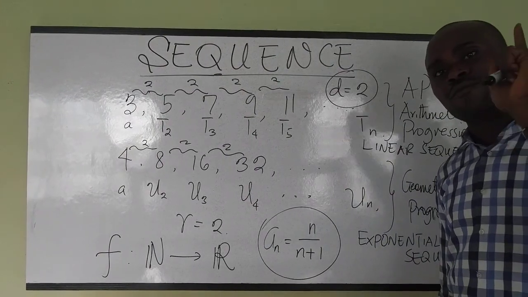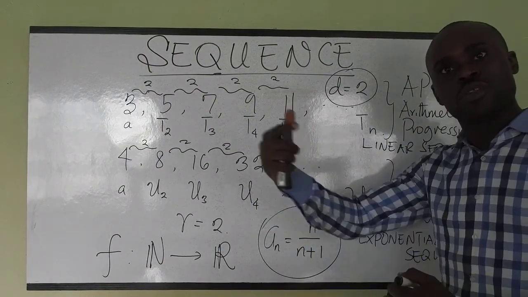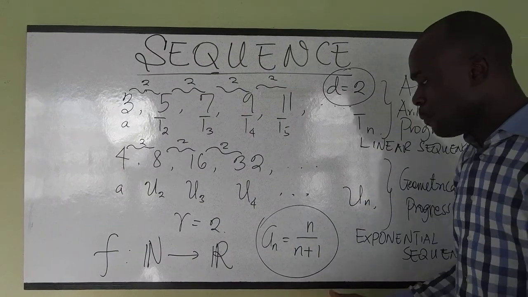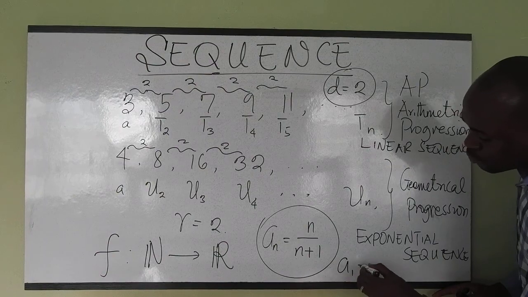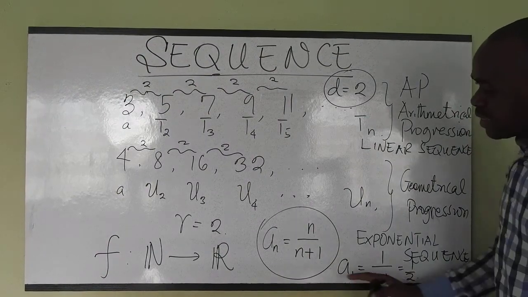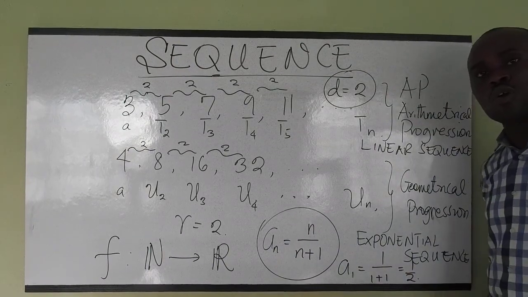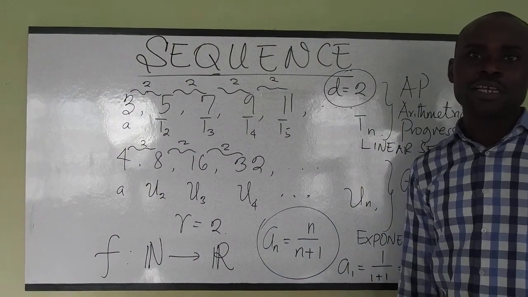Whenever I put in a natural number, which is a counting number like 1, 2, 3, 4, 5, 6, if you put in 1 here, you are going to have 1 over 1 plus 1, which is 1 over 2. You can see that you are putting in 1, a natural number, and you are getting 1 over 2, which is a real number. This is the definition of a sequence.